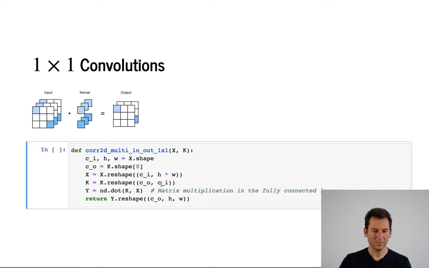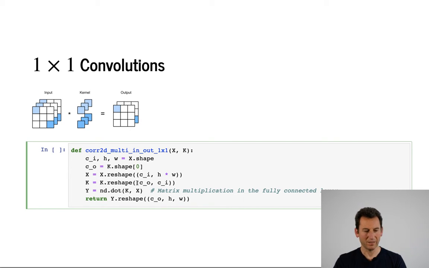Now let's look at 1x1 convolutions, and I'm going to define an alternative definition for 1x1 convolutions. I'm going to extract the bias and all the other terms from X, get the corresponding output channels, and now I'm going to reshape X to allow me to perform a matrix vector multiply. It's just the number of input dimensions.